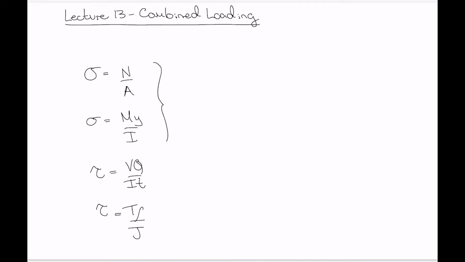So in combined loading, we look at when we can combine normal stresses together and when we can combine shear stresses together. Now, we can't combine normal stresses with shear stresses because, remember, those stresses are fundamentally different, where the normal stresses are sort of pulling atoms apart or molecules apart, depending on what type of material you have, or pushing the elements of the material closer together than they want to be, whereas shear stress is that sliding action between the elements of a material.